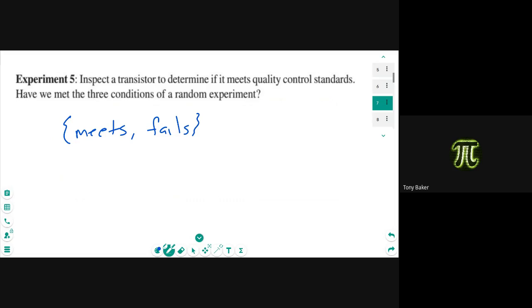There are other situations where you can predict what the outcome is going to be, and therefore it wouldn't be random. A great example is a magician doing things with decks of cards. It looks random, but they know the outcome. So that would not be a random experiment, because they know what's going to come up next.